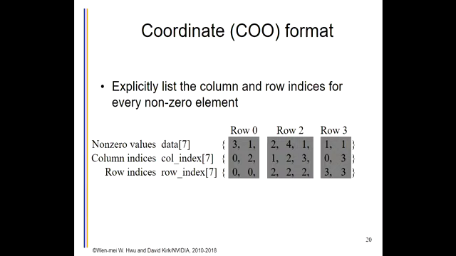Now, it turns out that we actually have a little bit of an issue with ELL. That is, life is not fair. Remember, life is not fair, and some of these rows may have a lot more non-zeros than others. So if you happen to have a single row that has 100 times more non-zeros than the others, then everyone else will be padded all the way to that length.